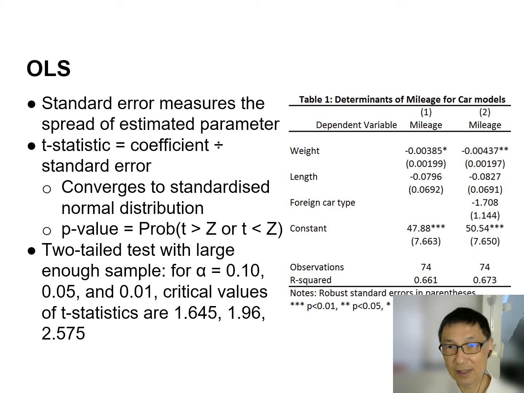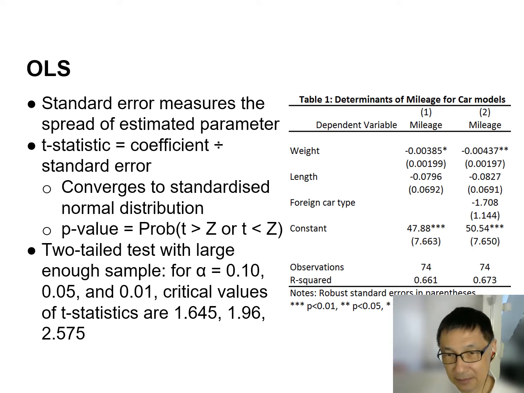Referring to this table, where the mileage of cars is regressed on the weight, length, car type, and a constant, we see that the coefficient of weight is minus 0.00385, and in parentheses is the standard error, 0.00199.